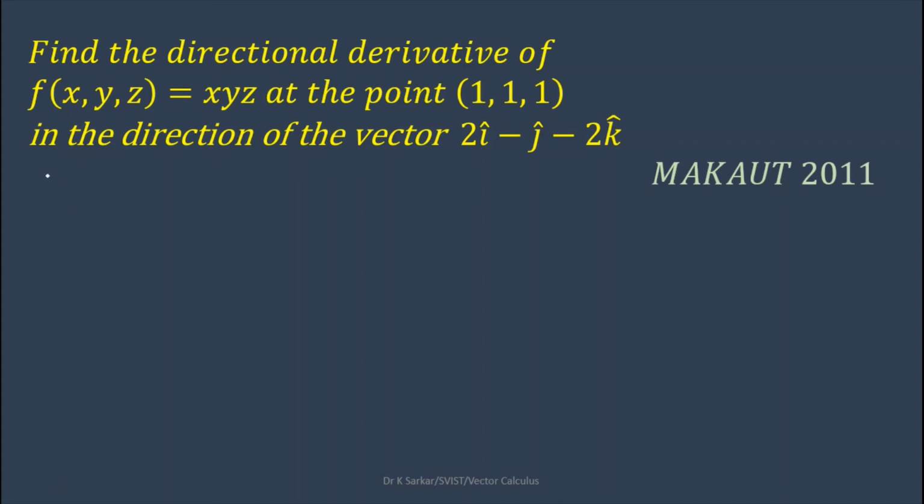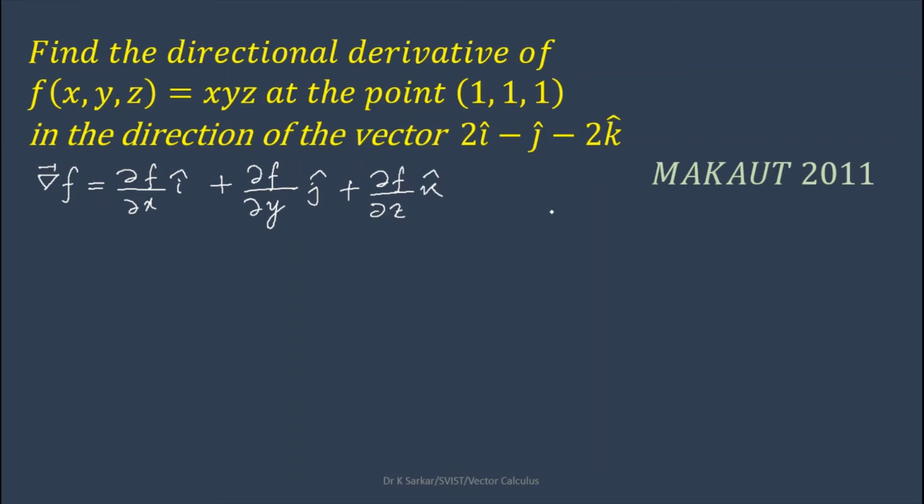So first we have to find grad phi, that is grad f here, and it is del f del x i plus del f del y j plus del f del z k. Now what is del f del x? Del f del x is del x of xyz, that is yz.